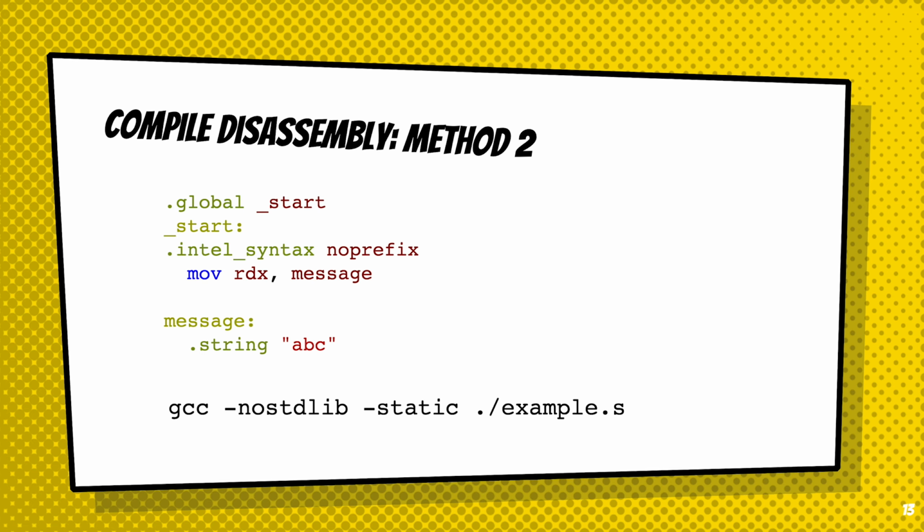You can also define the arguments, those variables, by having a specific label with the definition, such as message that I show over here. And to compile the entire thing, you can just save it as an .s file and then compile it with gcc -nostdlib -static.